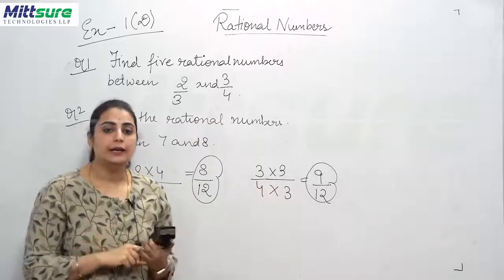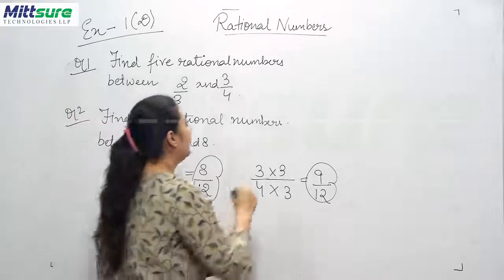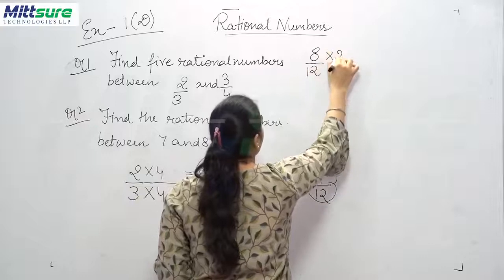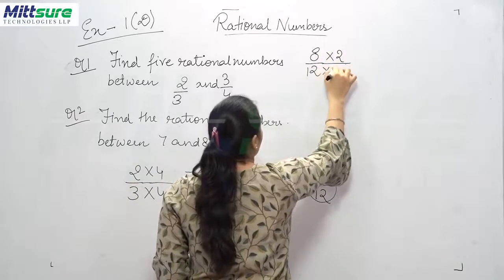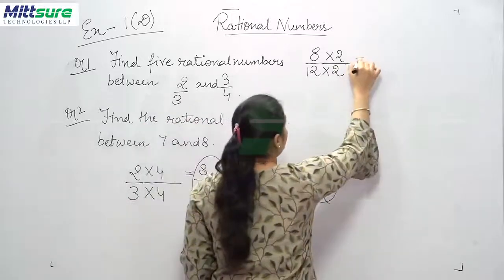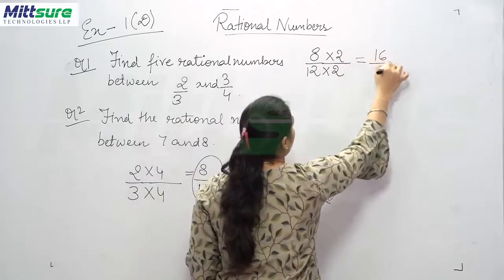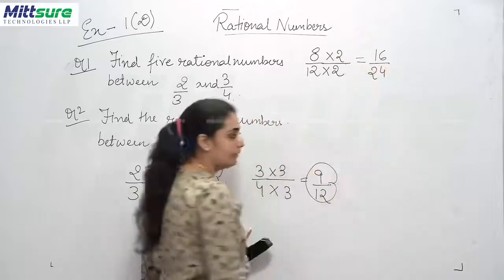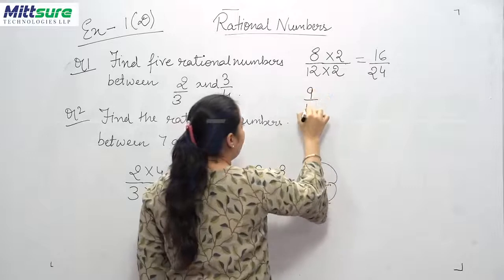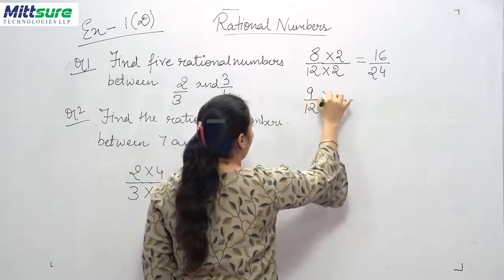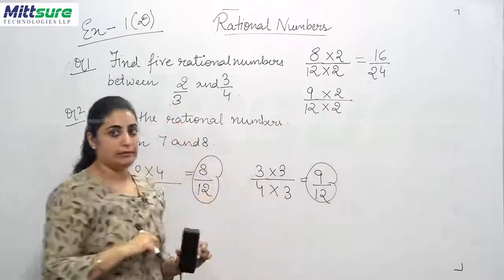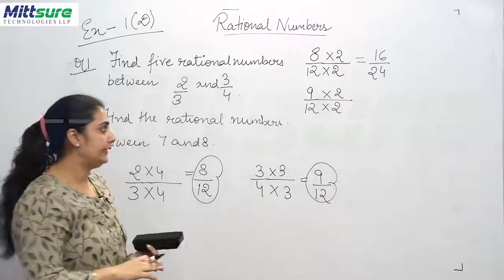So again we are going to multiply by 2. So 8 upon 12, when multiplied by 2, and 12 is also multiplied by 2, we get 16 upon 24. Clear? Now similarly, 9 upon 12 will be multiplied in the denominator and numerator by 2 only.